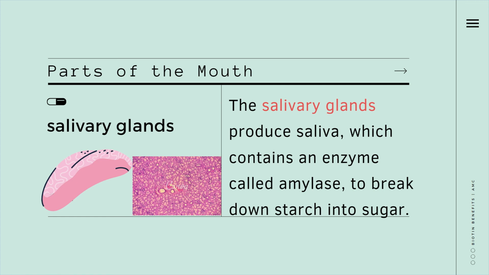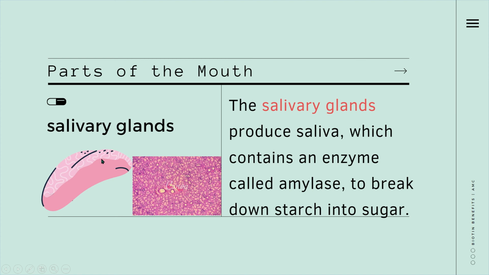Next one. Say it with Teacher Sasa slowly. Salivary glands. One more time. Salivary glands. Can you say it? Okay. So what are salivary glands?